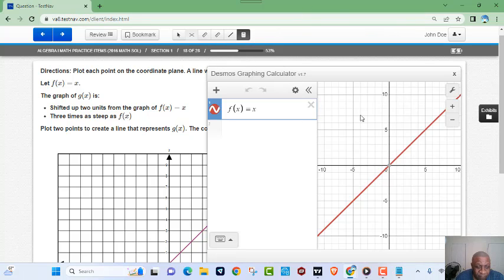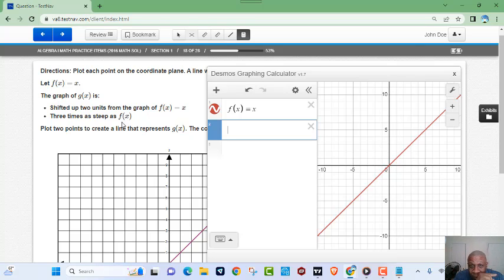So we have our f of x equals x. Now, the graph of g of x is shifted up 2 units from the graph of f of x. So if it's shifted up 2 units, that's going to be a plus 2. Then it says 3 times as steep. So remember with the previous one, when it was at 6x, it was 6 times as steep.